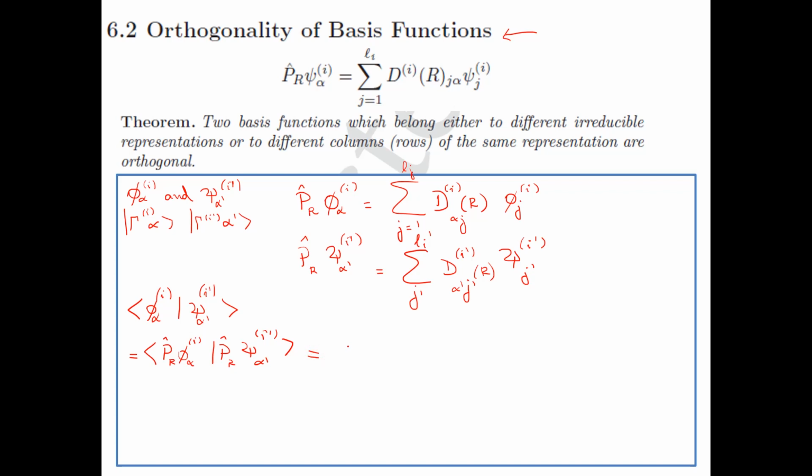Let's calculate this and just substitute these two expressions here in the scalar product, and the result is a double sum of j prime and d I of r alpha j and complex conjugate, and d of I prime alpha prime j prime, and the original scalar product.